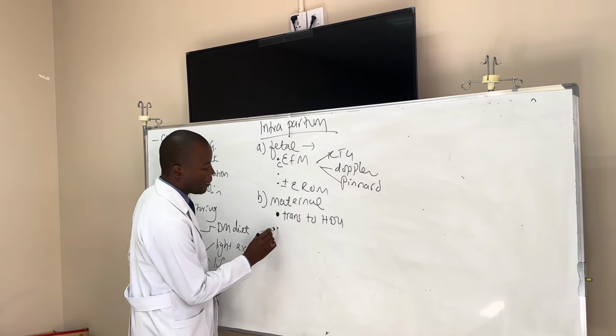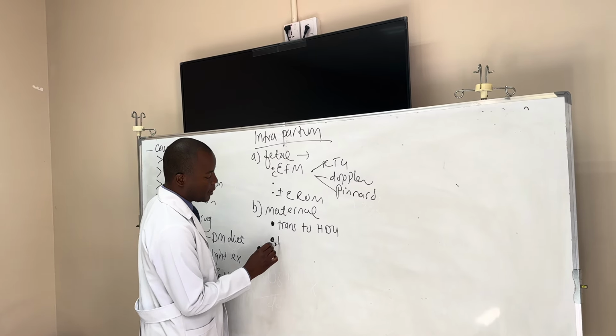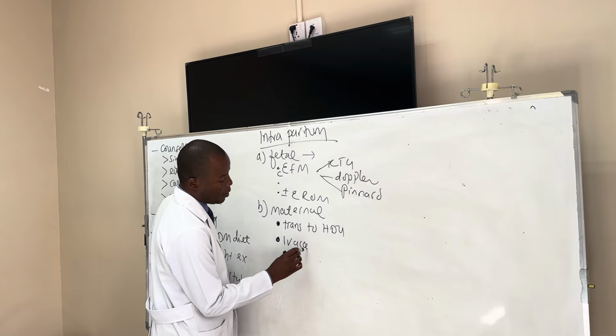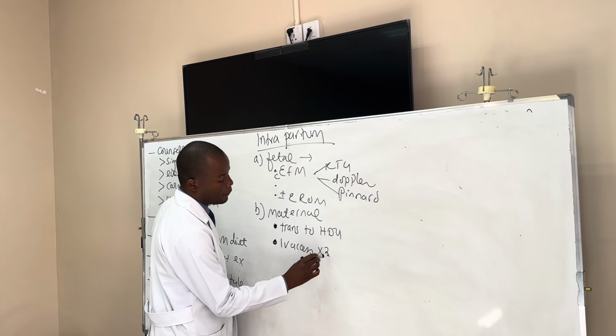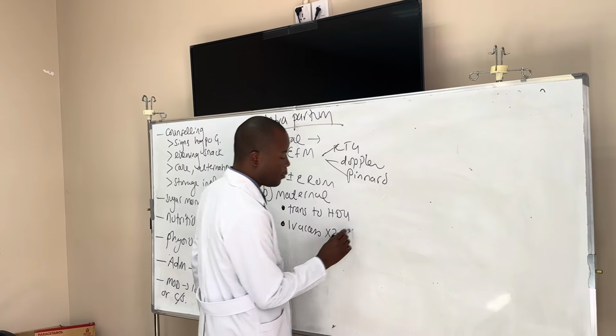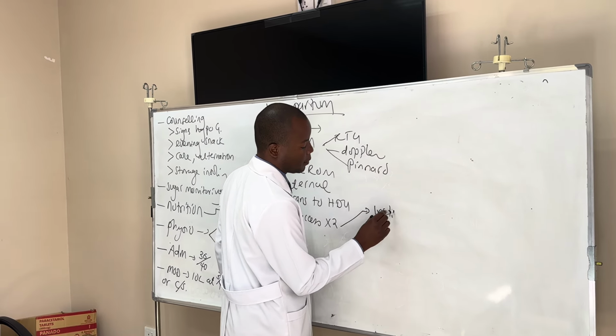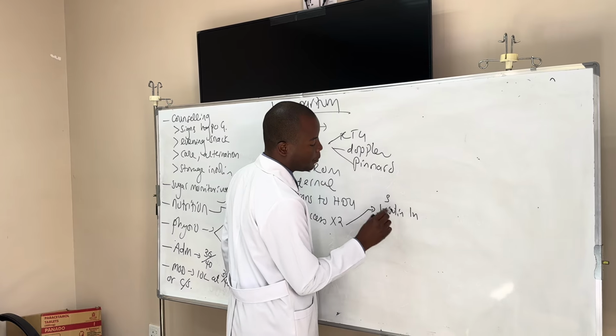Number 2, you are going to secure IV access, but you need 2 IV accesses. Why are you putting 2 IV accesses? It's because in one cannula you are going to set up what is called an insulin infusion. In fact, a soluble insulin infusion.